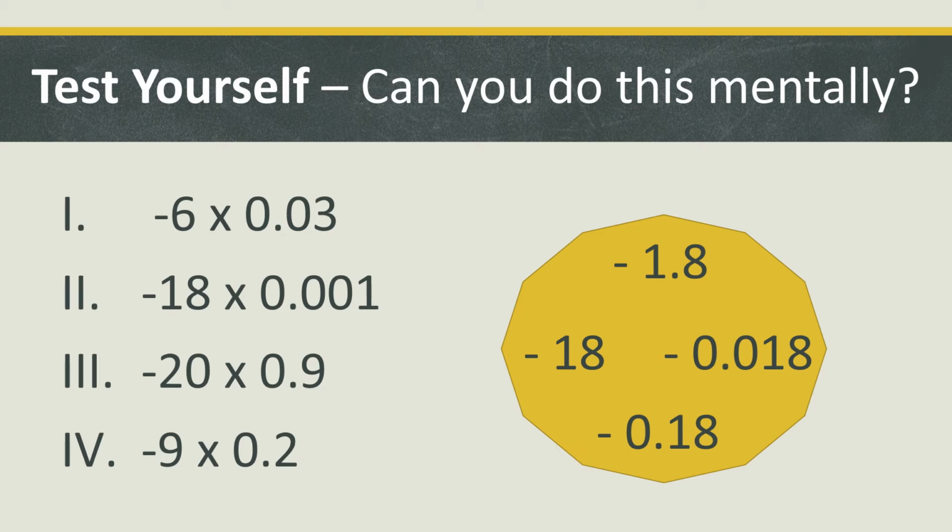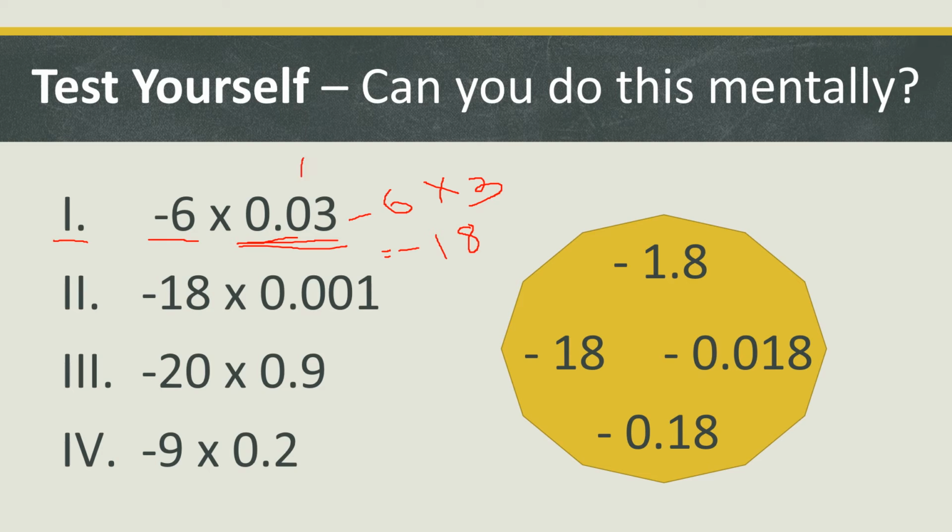Okay, let's answer the first question. Negative 6 multiplied by 0.03. So we remove the decimal points from the 0.03 here and we'll just be left with a 3. But we can't forget the digits after the decimal point in the end. So we've got negative 6 multiplied by 3 and we'll get negative 18. Now it's time to put the decimal point back.